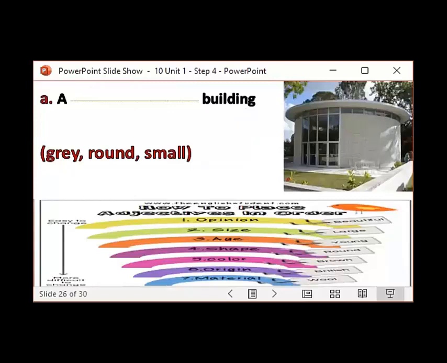A, building: gray, round, and small. Put these adjectives in the correct order. Exactly, a small, round, gray building.